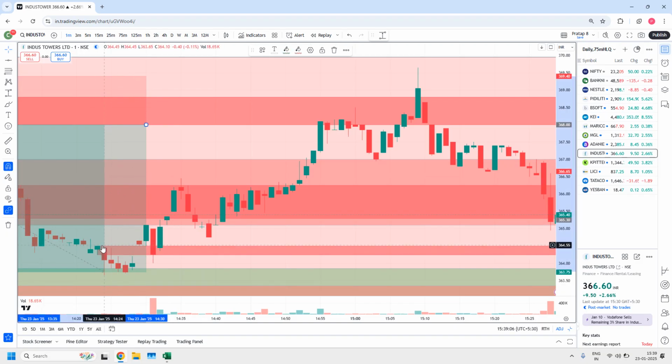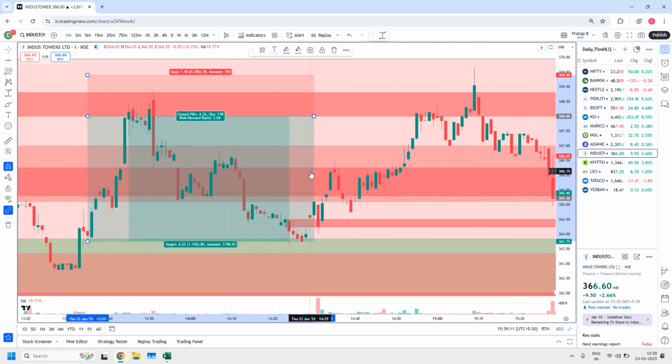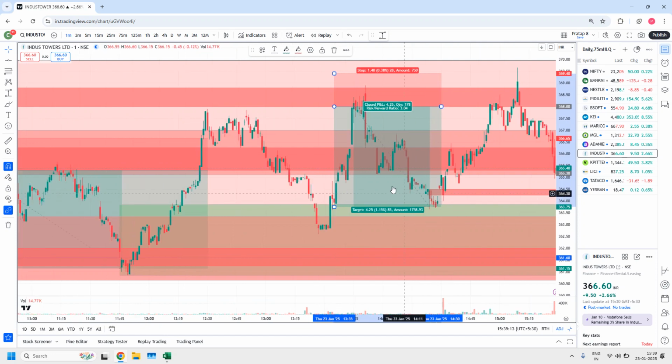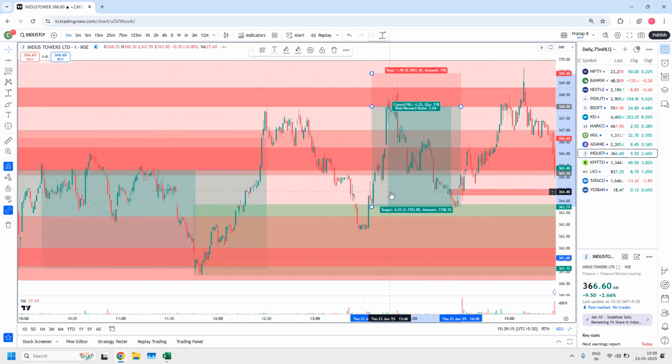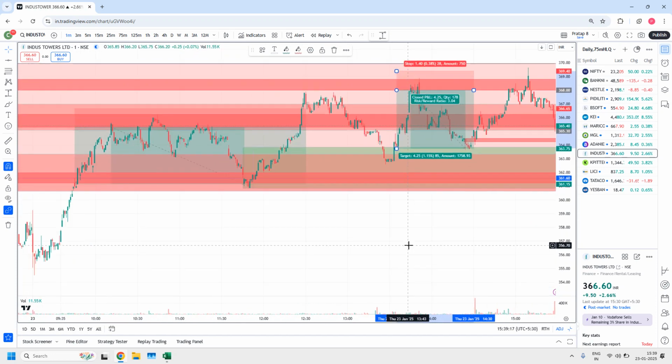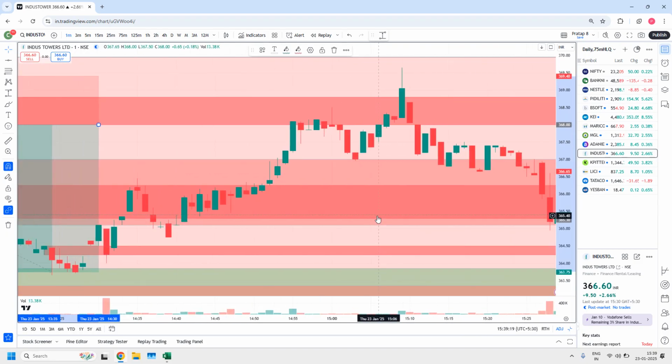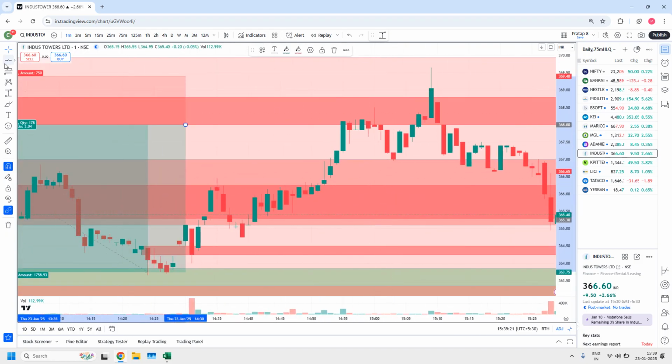stop loss. Stop loss means your distal line, or a little above distal line you will exit. And here you would have exited. Let me draw a horizontal line here.